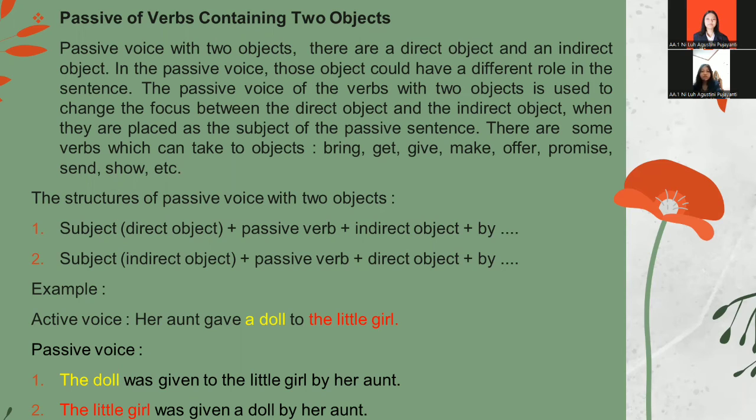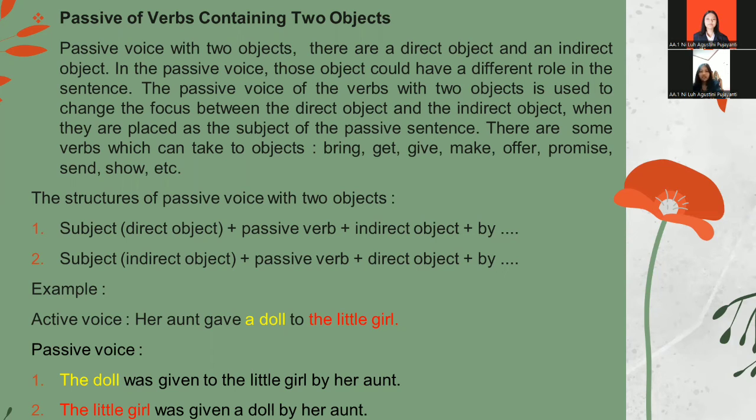The first structure is subject, direct object, plus passive verb, plus indirect object, plus by. In the first structure, we start with the subject of the sentence, which was the direct object of the active sentence, followed by the verb in the passive form, the indirect object of the active sentence, and maybe the preposition by and an agent.